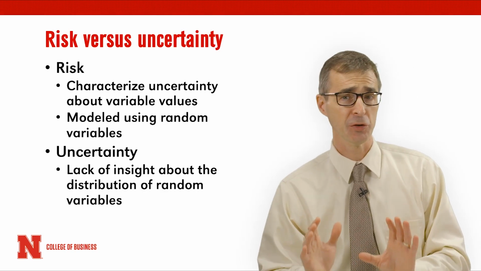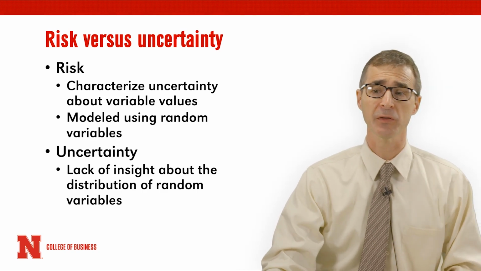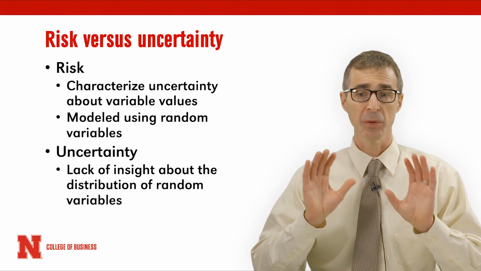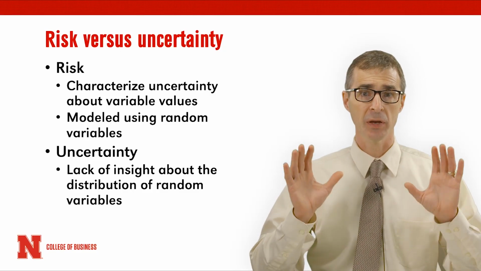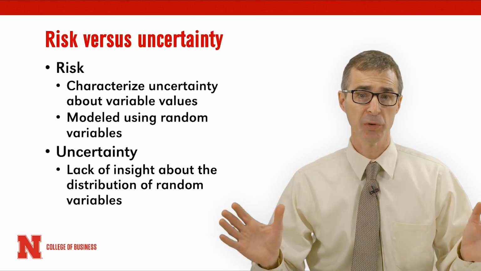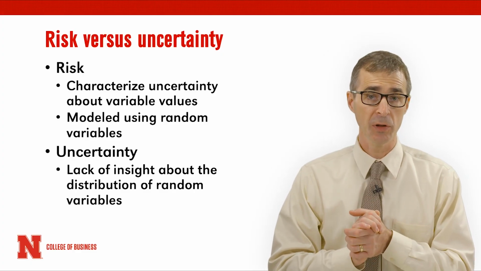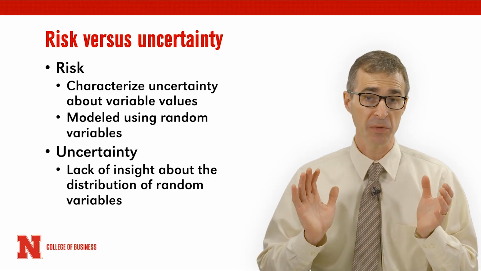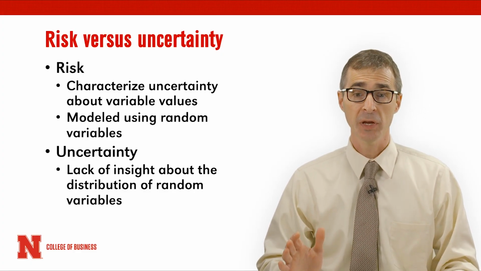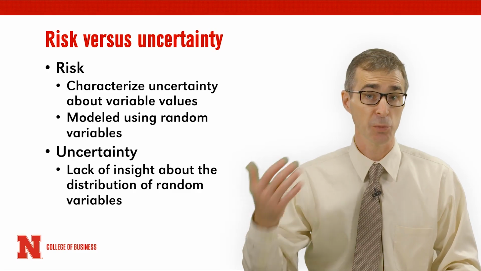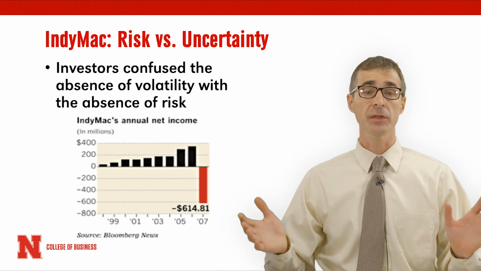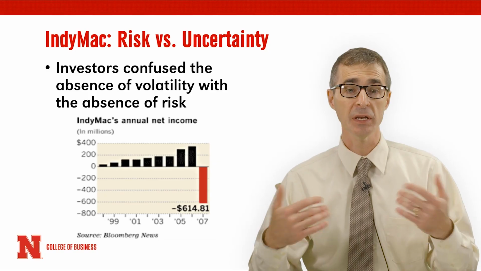This difference is really critical in financial markets because risk can be predicted and priced and traded and understood, and people are pretty comfortable with risk. But dealing with uncertainty is much more difficult, and making mistakes in the realm of uncertainty can be very much more costly. Consider the investors in IndyMac.